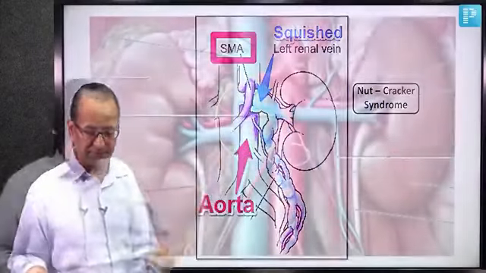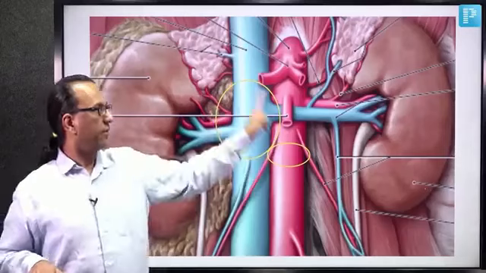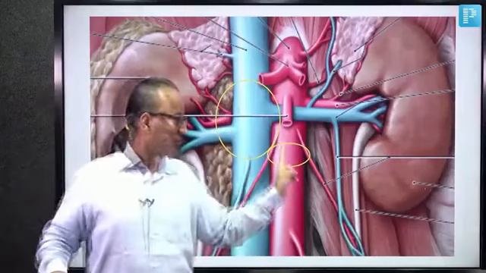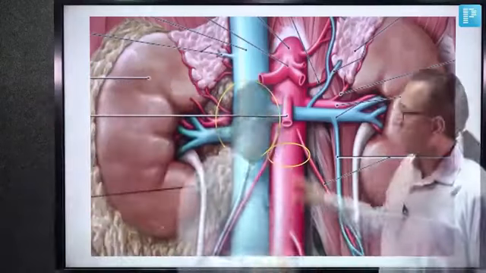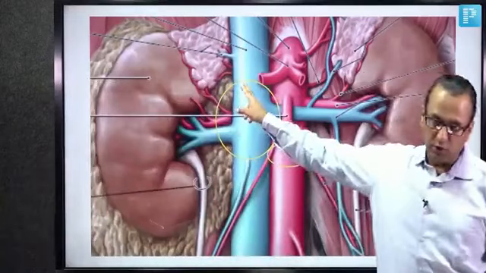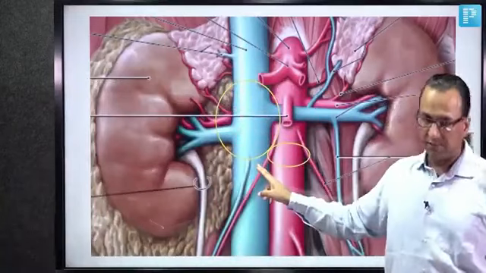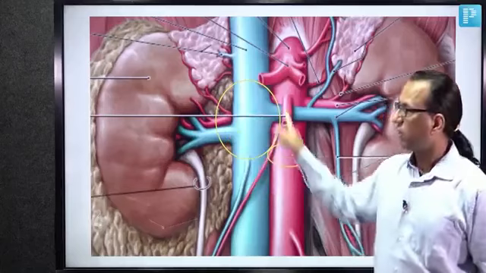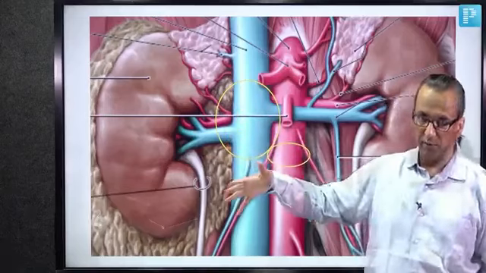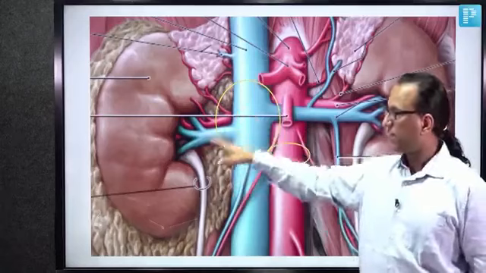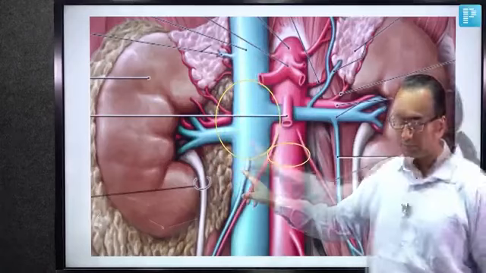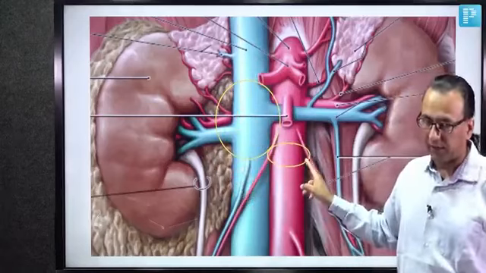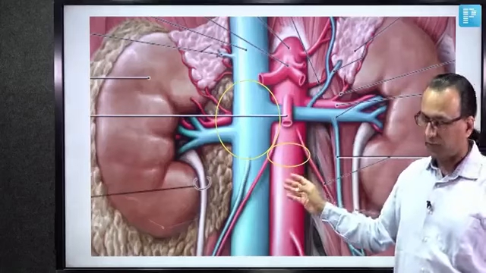We also want to know the relation of the pancreas and the uncinate process along with the head. It is understood that behind the head of the pancreas, the two renal veins drain into the inferior vena cava. So there are three veins behind the head of the pancreas, which we have removed from here. Behind the head of the pancreas, you have the right and left renal veins draining to the IVC, whereas behind the uncinate process of the pancreas, you have the abdominal aorta lying there.